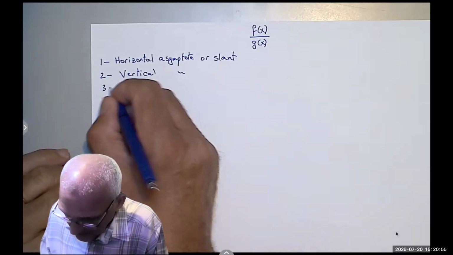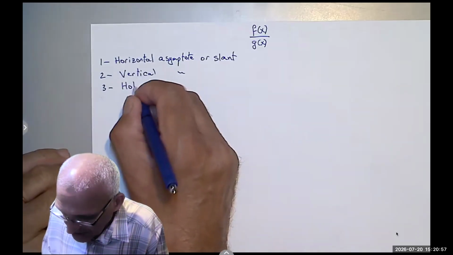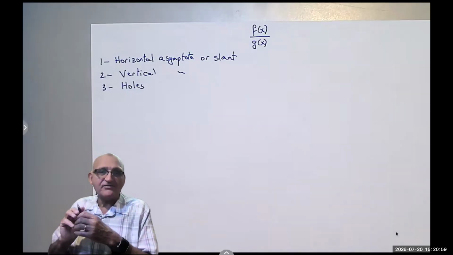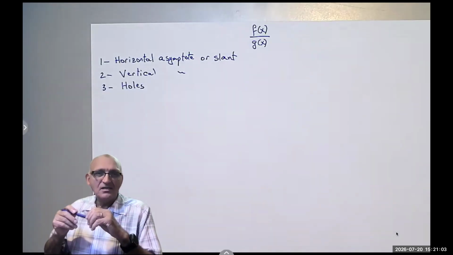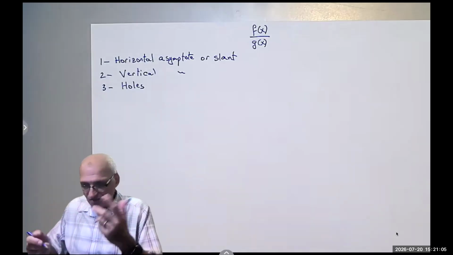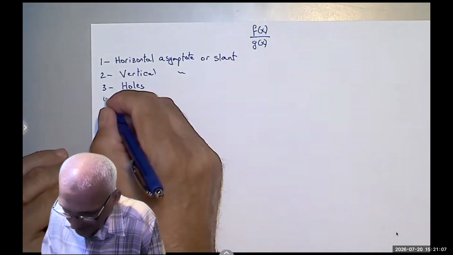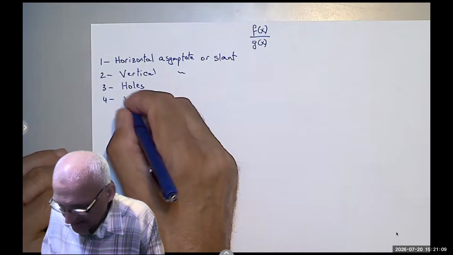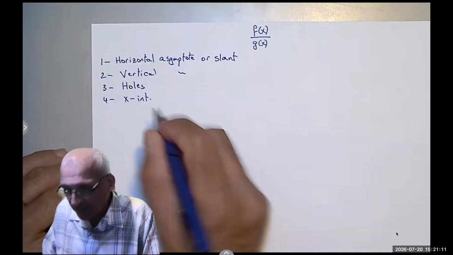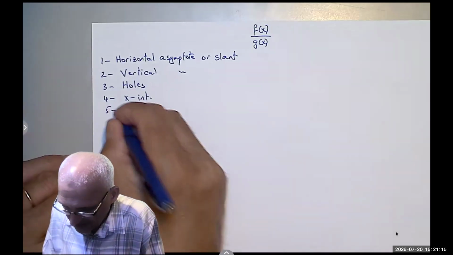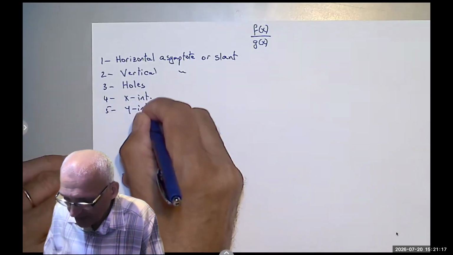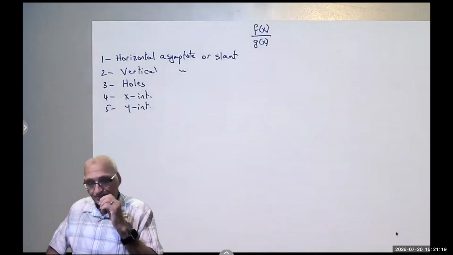Number 3, I may have holes in my graph. What? Yeah, a hole. And we'll see how we find that. It's so easy. Number 4, you can find the x-intercept, meaning where my graph crosses the x-axis, and the y-intercept, like we do with straight lines.